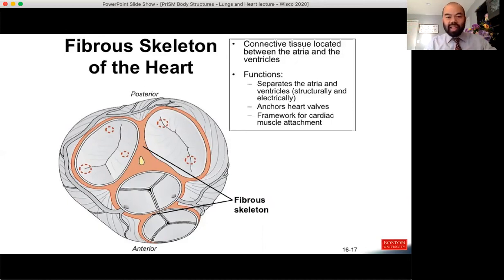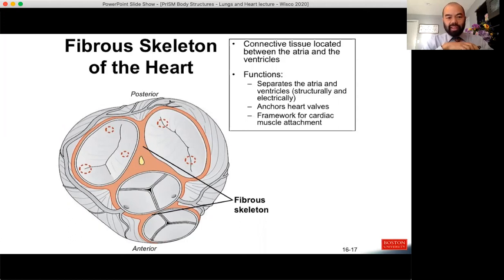But the fibrous skeleton actually has a much more important function. Because it is comprised of non-cardiac conducting cells, in other words, it's electrically resistant, that means electrical signal that travels from the atria can't get to the ventricles via lateral wall pathways.